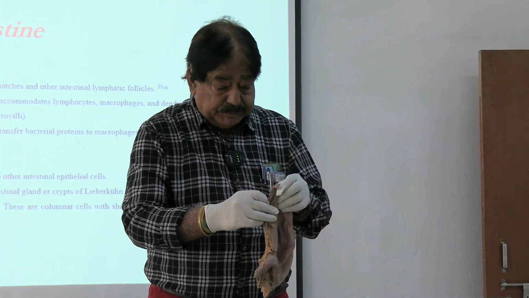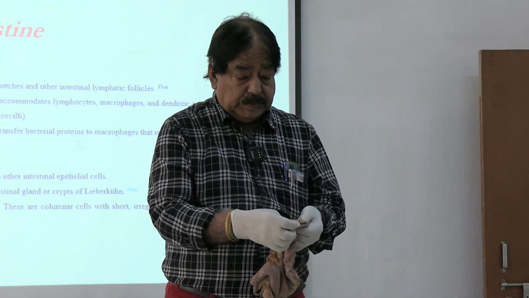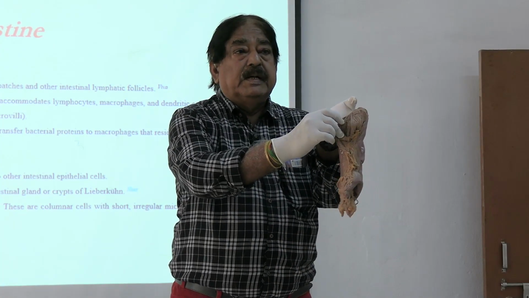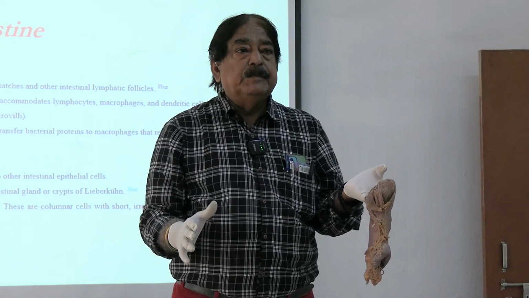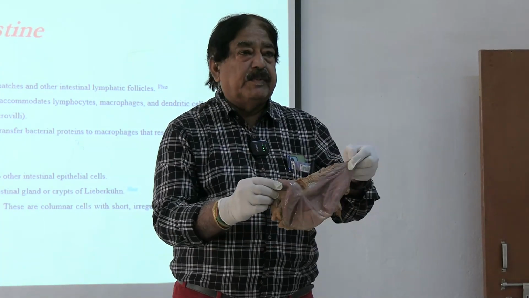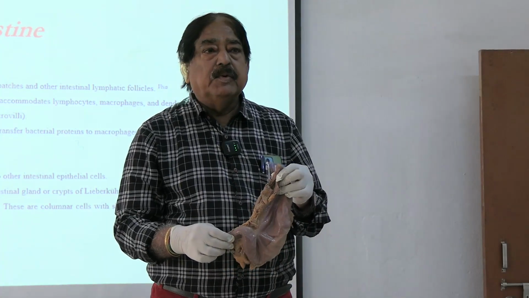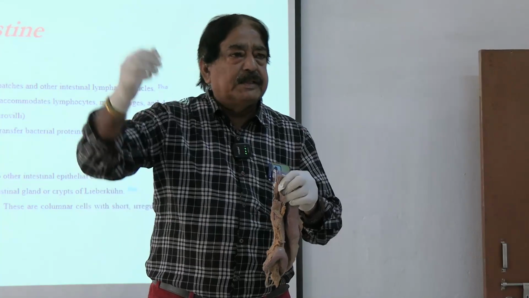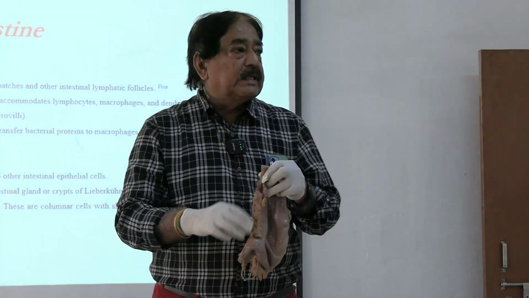Then you can see the rugosity, the folding, to increase the surface. You see your empty stomach. You had no breakfast. Now you go to the dining hall and you say chicken, Thursday chicken, and all this. Now that goes inside.